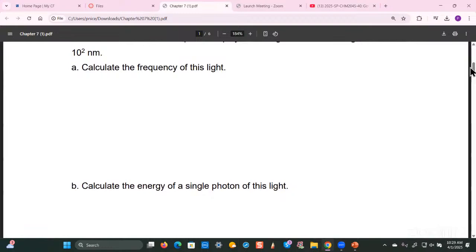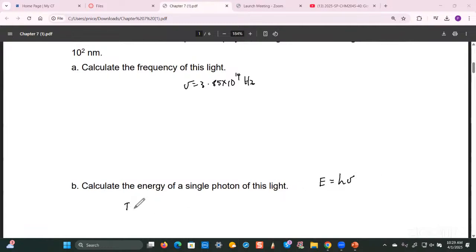3.85 times 10 to the 14th. So nu is equal to 3.85 times 10 to the 14, and this will be hertz. This question is asking for the energy of this radiation. The formula for calculating the energy, which I introduced to you just now, is energy is equal to h times nu.